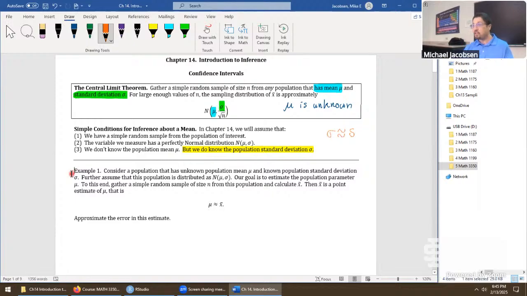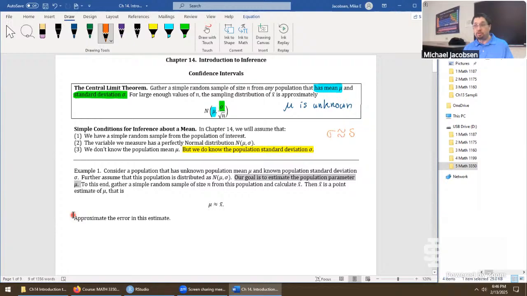So here's how example 1 goes. It says, consider a population, the unknown population mean mu, a known population standard deviation sigma, and further assume the population is distributed normally. So we have everything we were mentioning up here, just a really nice situation. We want to estimate mu, and we've done that a lot.